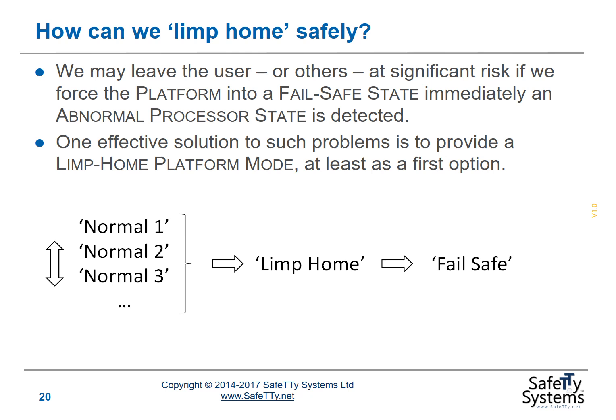If a problem is detected, we may go initially into a limp home operating mode, and if further problems are detected, we may then enter a fail-safe state. So in our normal modes and our limp home mode, we'll be running the scheduler and running some task sets typically. And in the fail-safe state, we will not usually be running the scheduler. We will usually be simply running a very simple function, possibly in a superloop configuration.